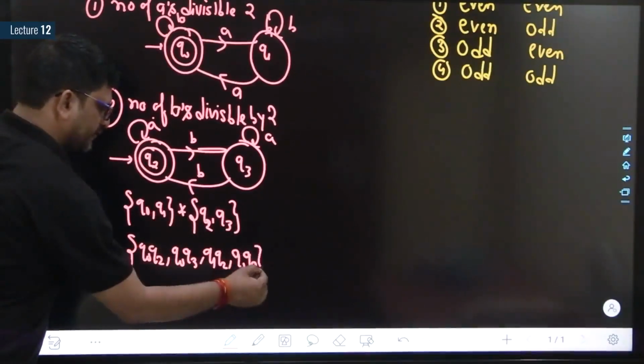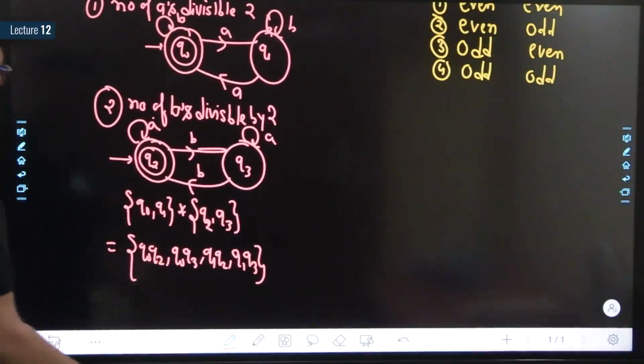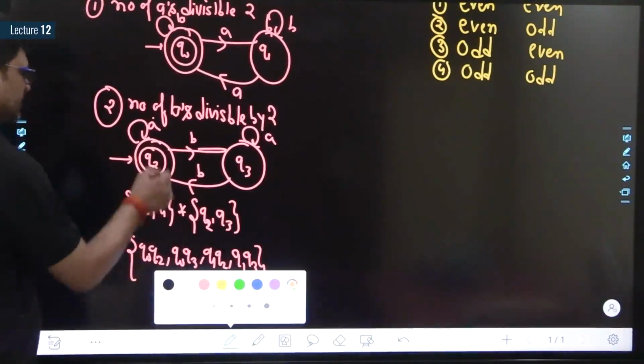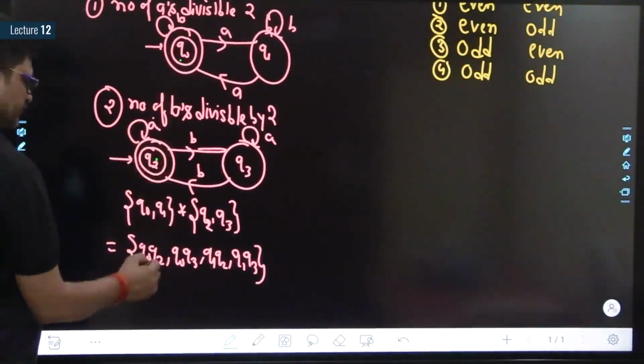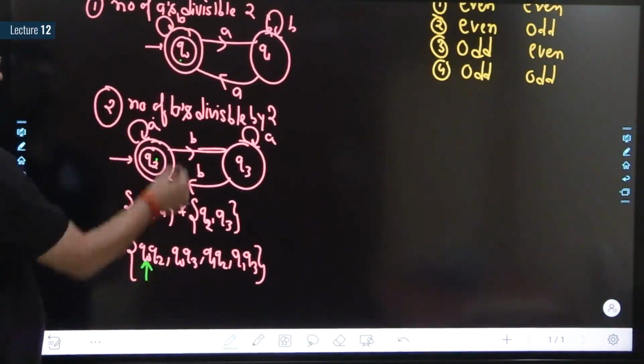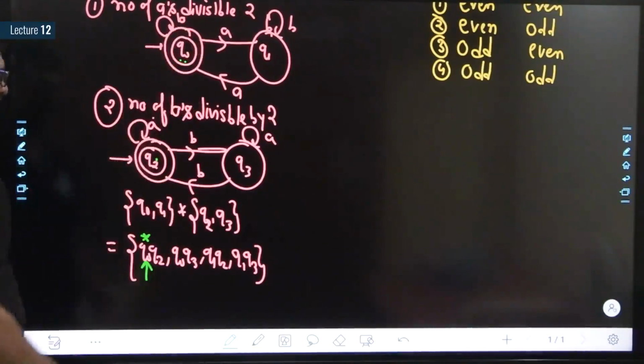These are the 4 states in the compound DFA. What are the transitions? We will see later. Which one is the initial state? Q0Q2 is the initial state. Which one is final? This is also final, because we are doing AND.